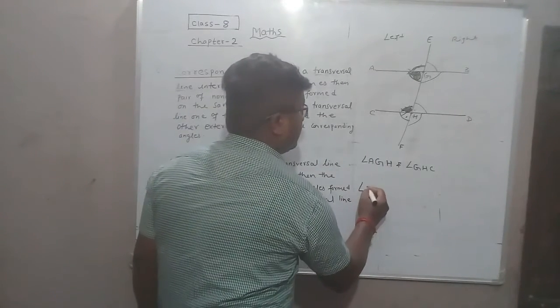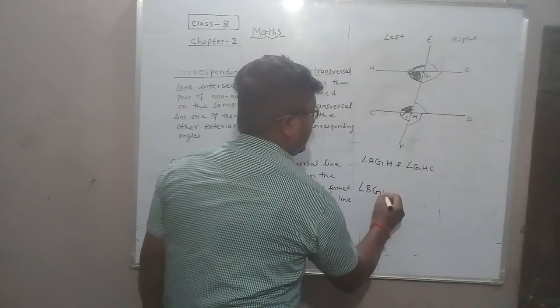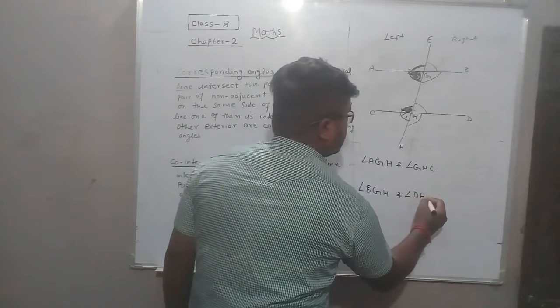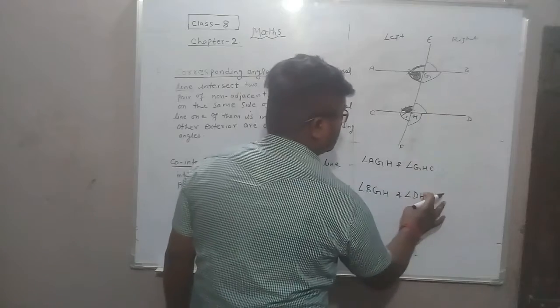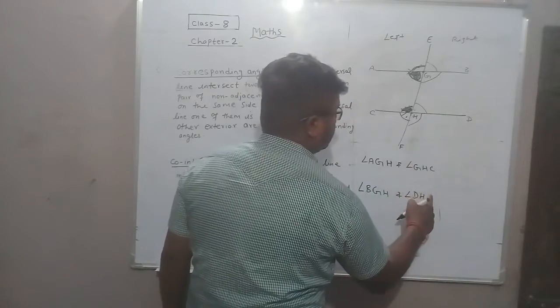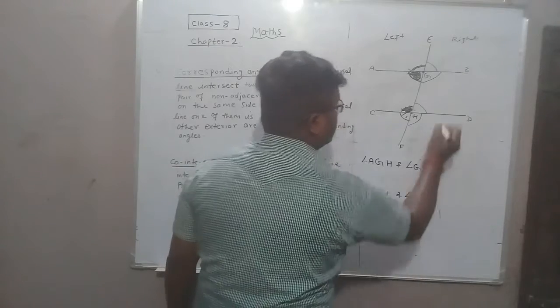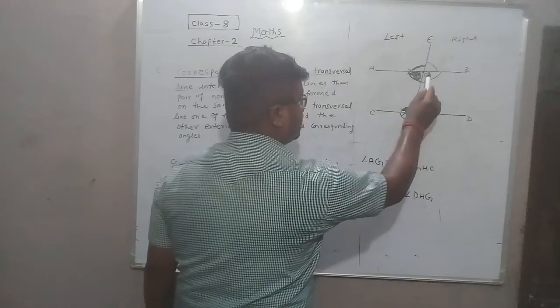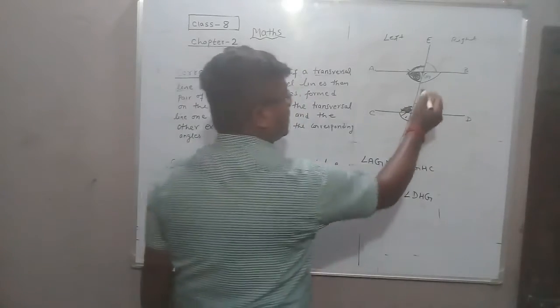Similarly, your angle BGH and your angle DHG. These two angles are your co-interior angles.